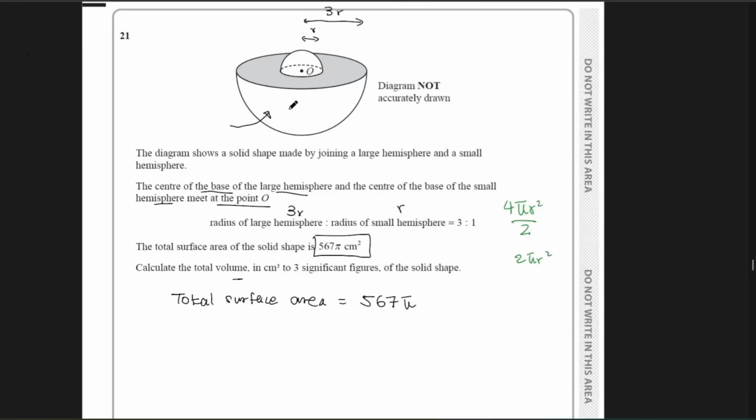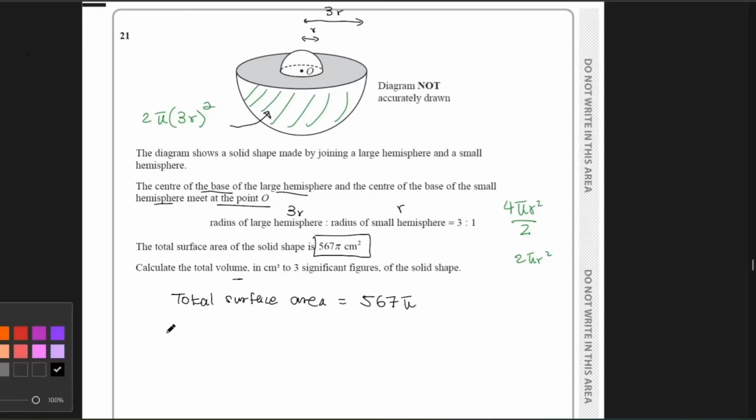Since we're looking at the larger hemisphere, the radius of the larger hemisphere is 3r. So the curved surface area would be equal to 2 pi, in place of r, we'll have to write 3r the whole squared. Let's write that down. 2 pi bracket 3r the whole squared. So that's the curved surface area of the larger hemisphere.